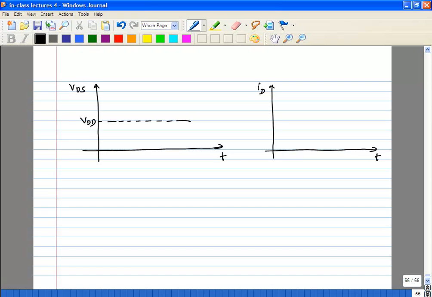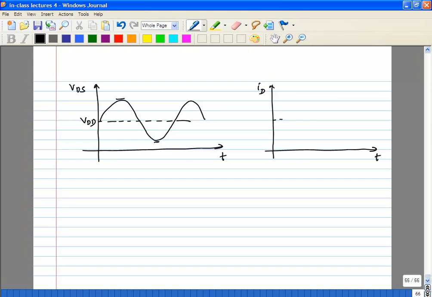So it's biased around VDD. And for many of these cases you can assume that VD sat is very small compared to VDD. That's what we'll do. It makes our calculations easier.